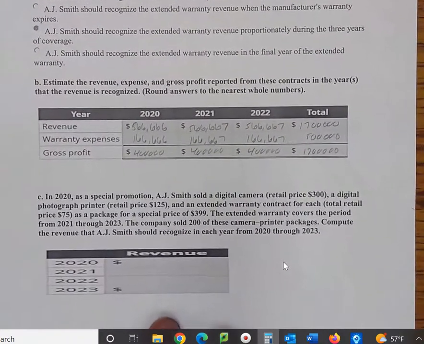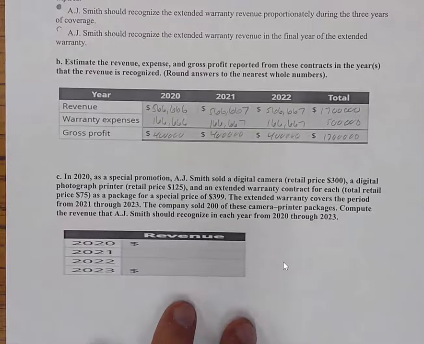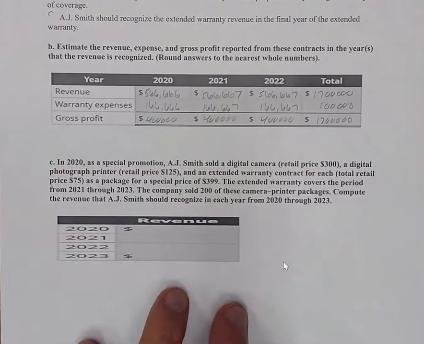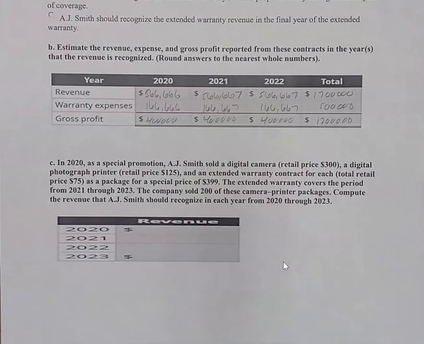All right, so this is the bundled sales portion of the question. It says in 2020, as a special promotion, the company sold a digital camera with a retail price of $300, a digital photograph printer, retail price $125, and an extended warranty contract for each of these items.